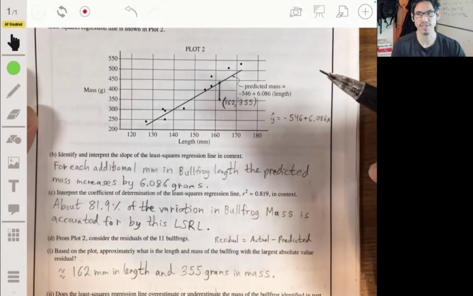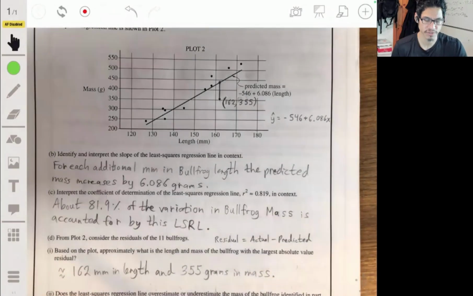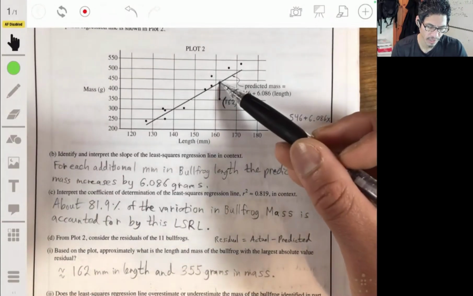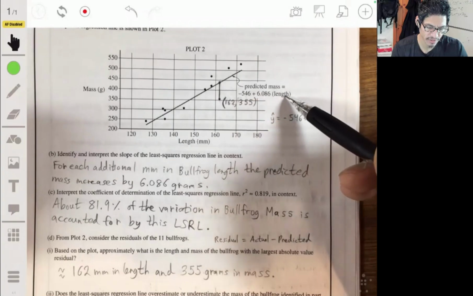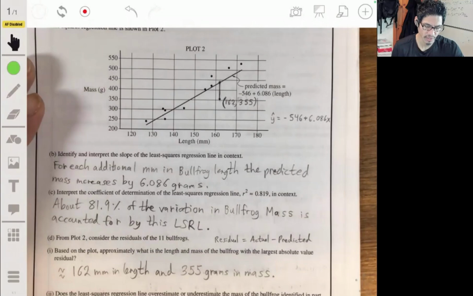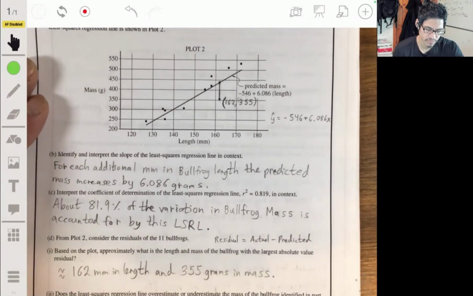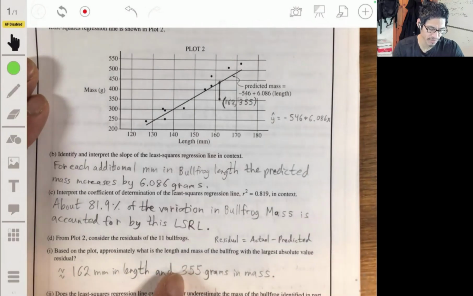If you put 163, I think again they say approximately, so you shouldn't get anything wrong. Plug that value into the length in the equation, and that'll give you about 440.